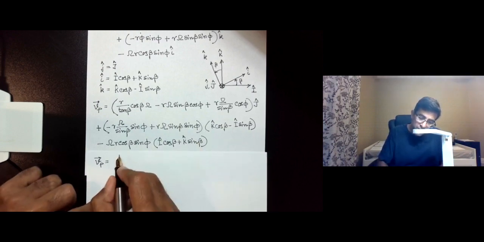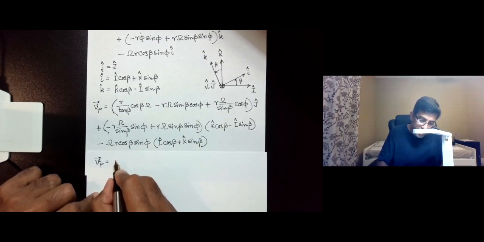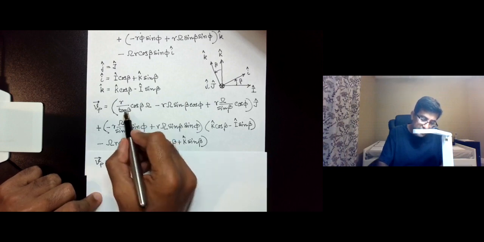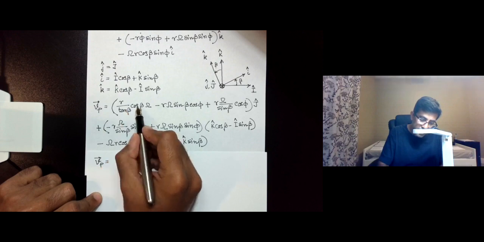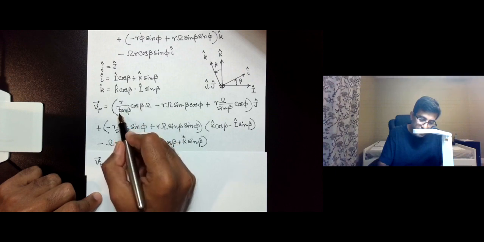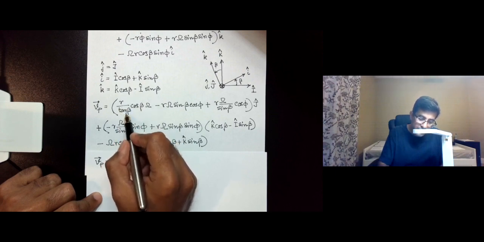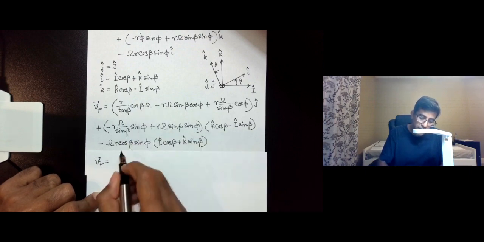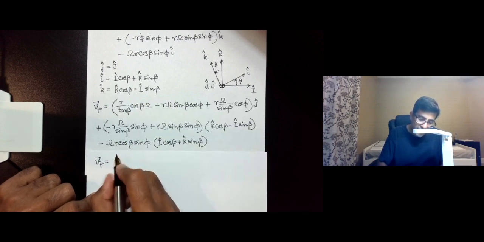So let me just do, and this is sine beta divided by cosine beta. So this is going to become r omega sine beta, r omega divided by sine beta times cosine squared beta. So you would have the following.